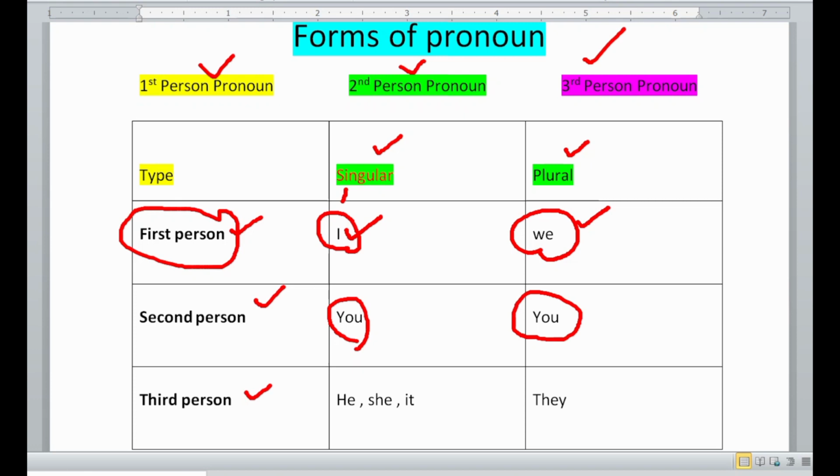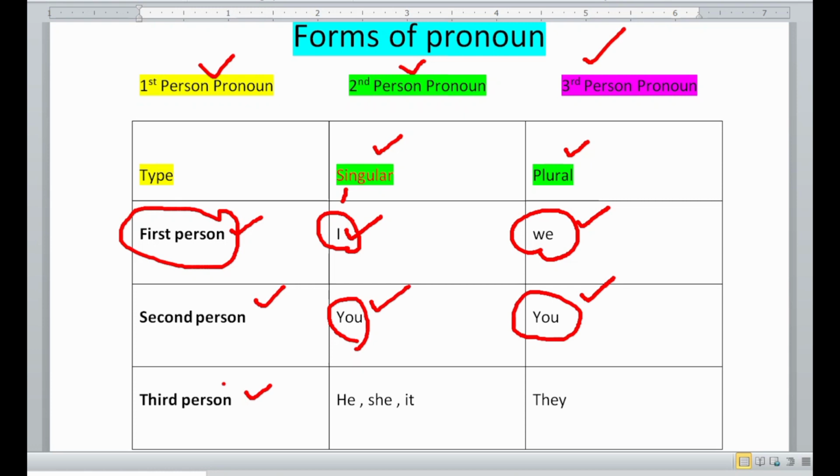If the students are more than one, the teacher is using you. If the student is one, the teacher will use you again. That is why singular and plural are the same. If one student is listening, you is used. If more than one are listening, then it is you again. So second person singular and plural are the same, both are you.